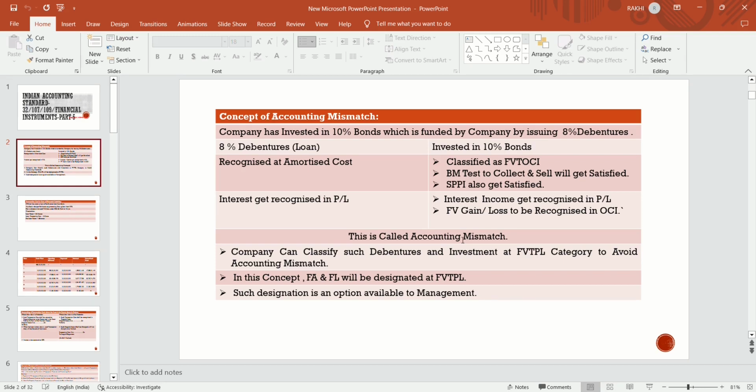If a company has invested in a 10% bond which is funded by the company by issuing 8% debentures, like if the company has invested in a bond which is funded through debentures, like taking a loan through 8% debentures and then the company has invested at the rate of 10%, and if the company's accounting is done as per Ind AS, then the loan will be recognized at amortized cost, because it is a financial liability and it should be recognized either at amortized cost or fair value through profit and loss account.